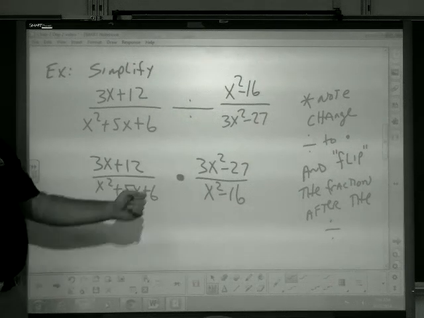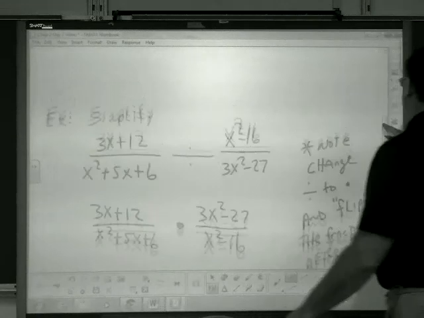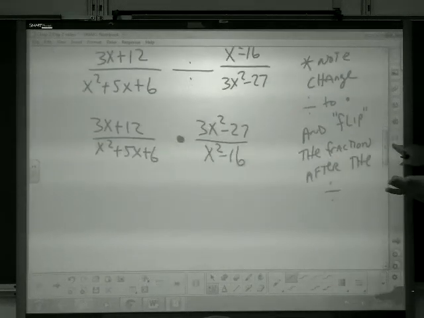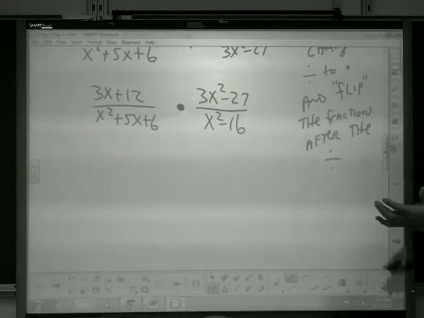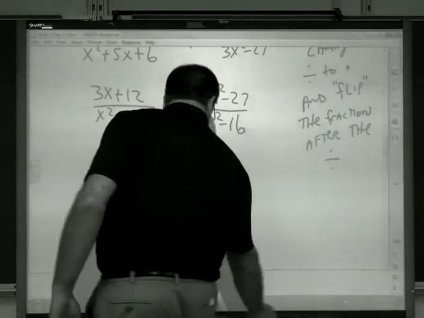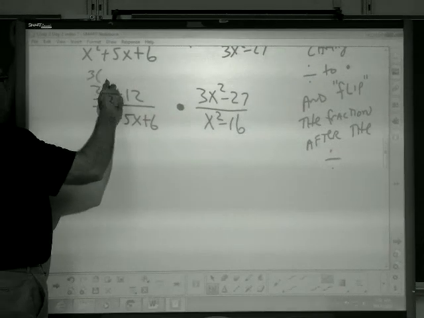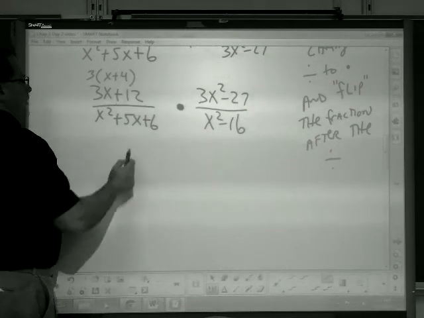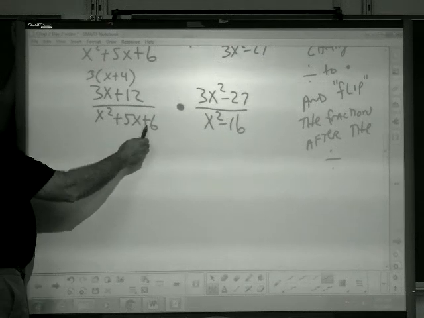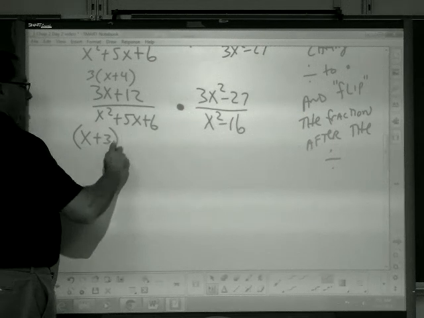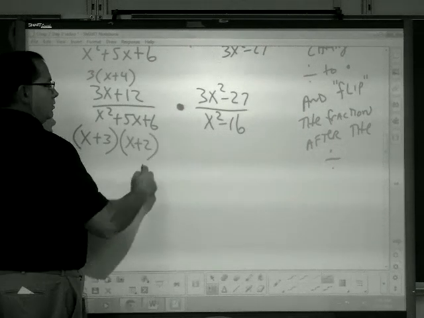Now, multiplication. What are the steps? Factor, reduce. That's all we're doing, factoring and reducing. So let's get out our factoring stick here. I have a GCF, 3, and then x plus 4. Looks like I have factors of 6 that add to 5, so that's going to be x plus 3, x plus 2.